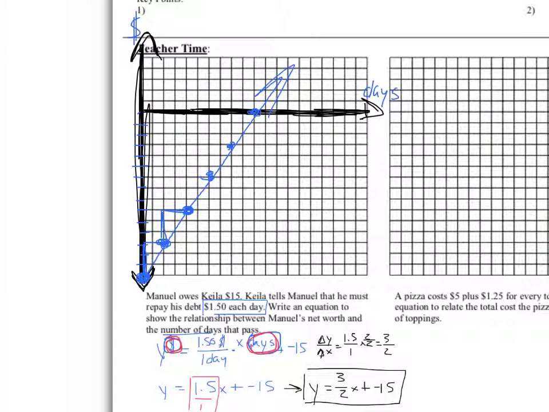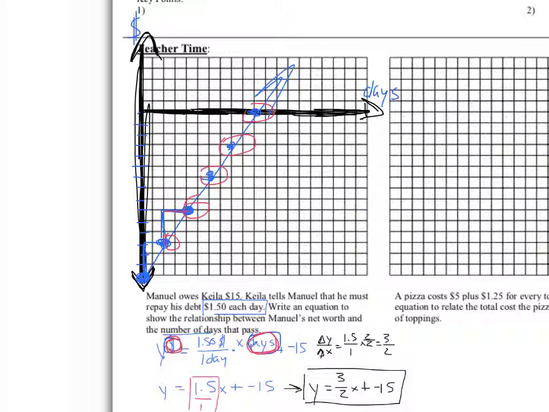Jorge? 5? Where'd you get that? So you counted the points. So you're counting that it's 1, 2, 3, 4, 5 points, but those don't necessarily represent days because actually they're going over 2 days in between each point.